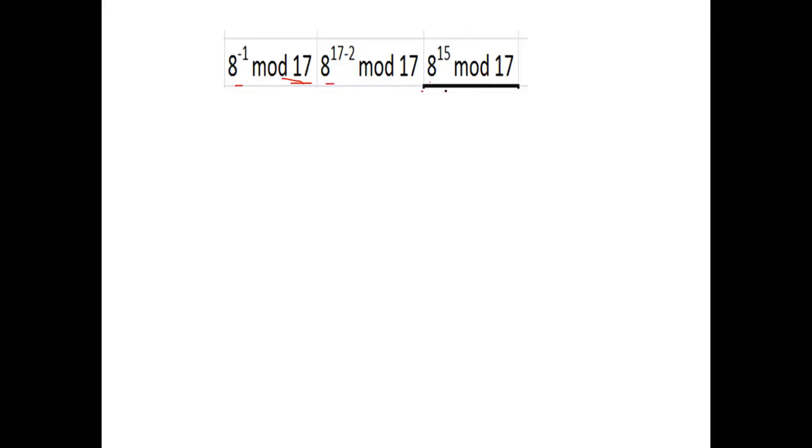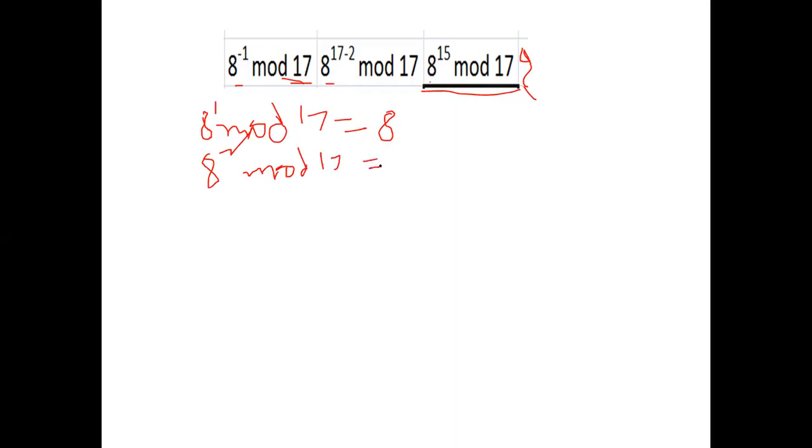Now, how to calculate this 8 power 15 mod 17? I want to explain 8 power 15 mod 17. To calculate this one, first of all, you have to calculate 8 power 1 mod 17. So this is equal to 8. 8 mod 17 is 8. Then calculate 8 square mod 17.